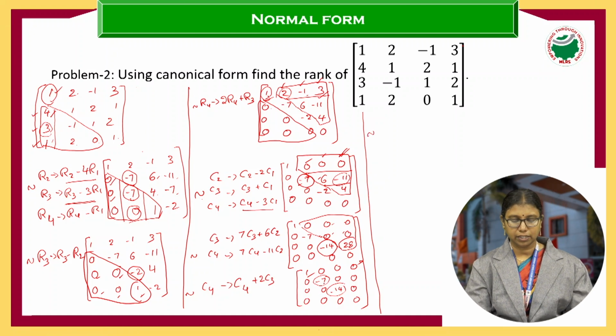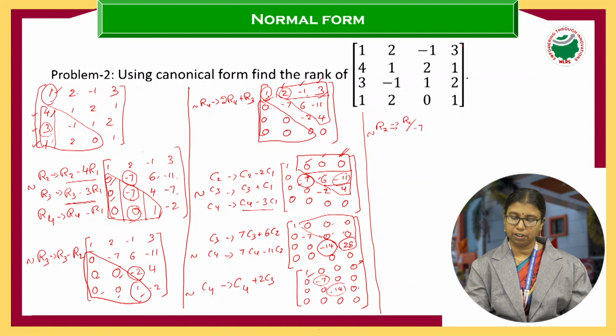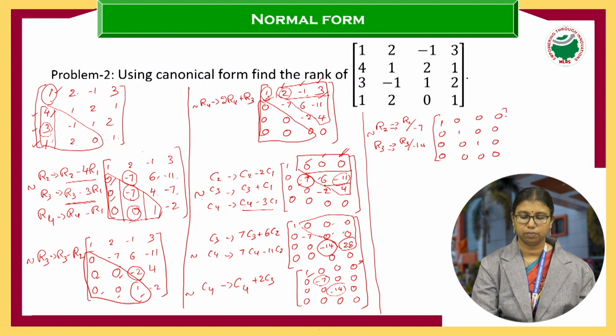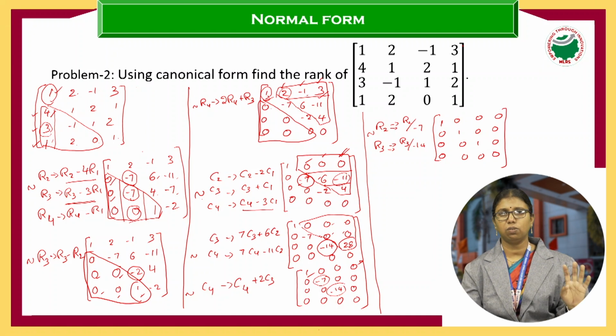You have to divide the entire second row by minus 7, that means R2 gives rise to R2 by minus 7. Similarly for R3, you have to divide the total R3 by minus 14, so R3 gives rise to R3 by minus 14. Then you will get 1 0 0 0, 0 1 0 0, 0 0 1 0, 0 0 0 0. So we got the identity matrix also. All the diagonal values are 1.